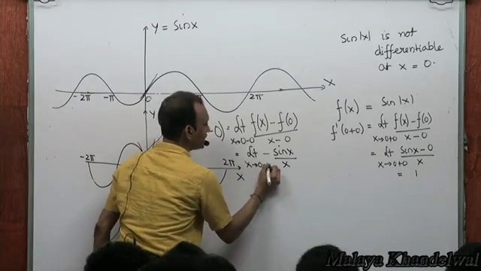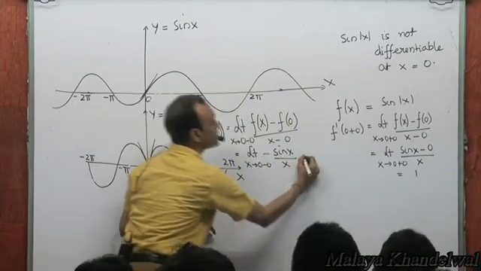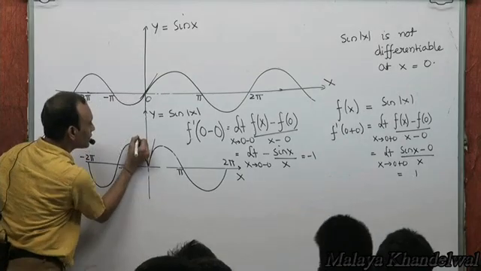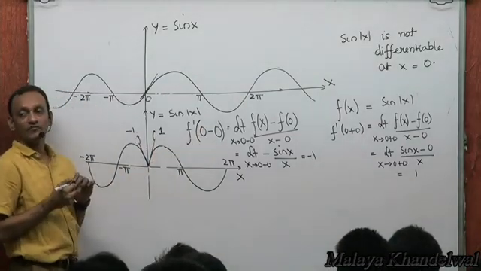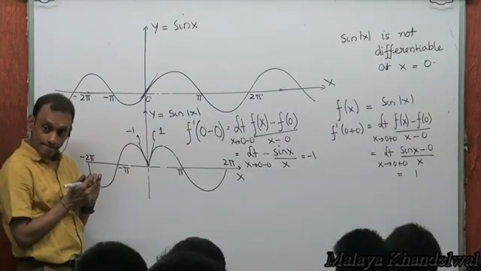I hope you realize what I did here. f(x) would be sin of minus x, which is minus sin x, and that's going to be minus 1. So the left hand tangent has slope minus 1 and the right hand tangent has slope plus 1. As you can see, the function is not differentiable at x equal to 0. Clear?